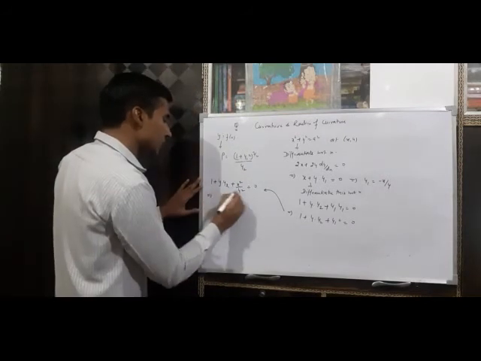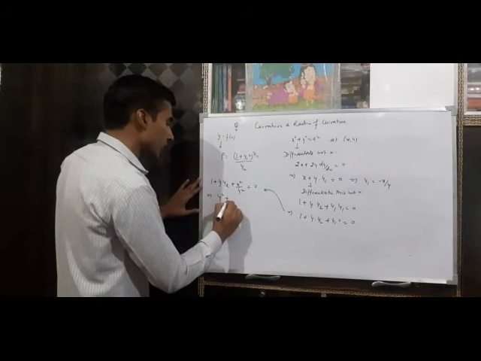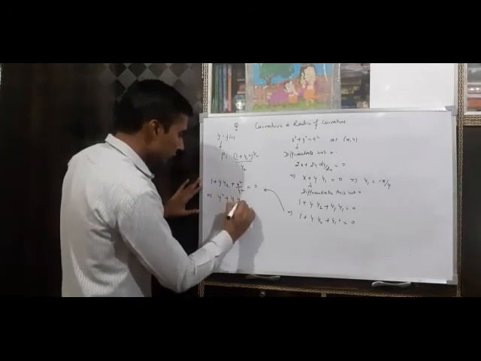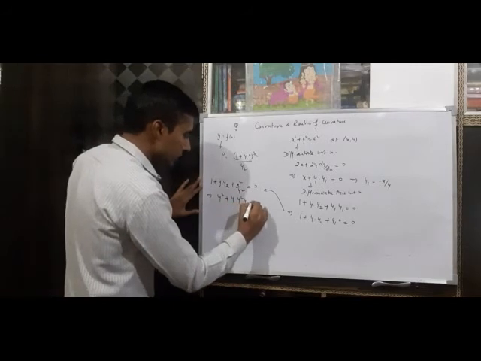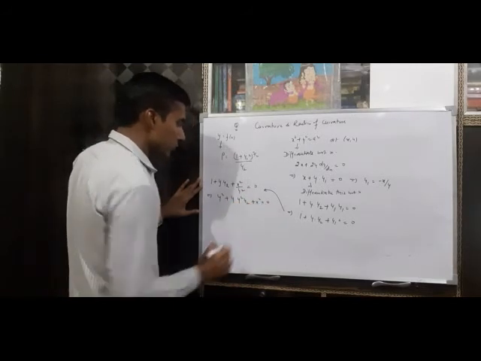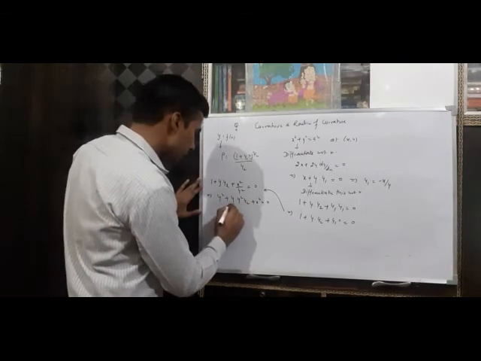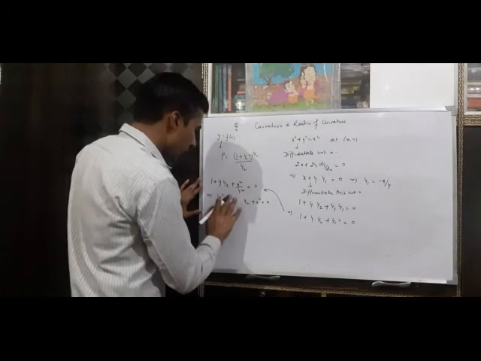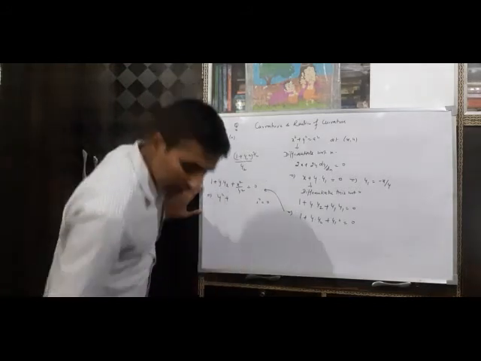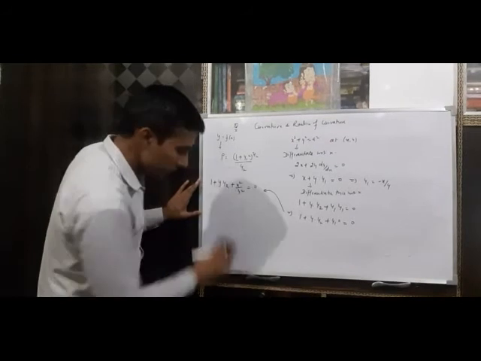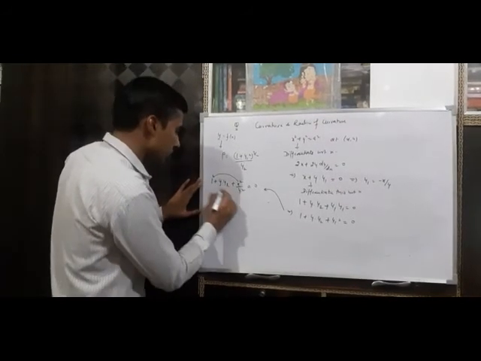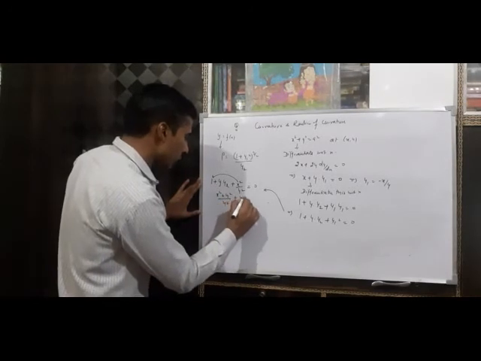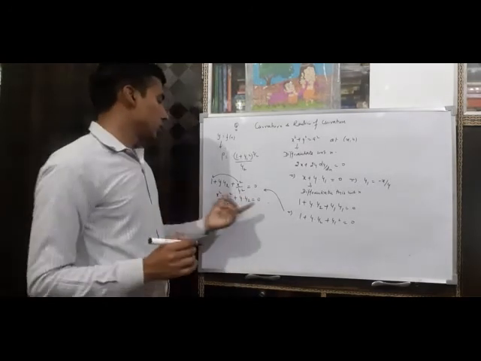When we simplify this expression, this is y square plus y into y square y2 plus x square equal to 0, and the LCM is y square. Considering only these two terms, this is x square plus y square upon y square plus y into y2 equal to 0.